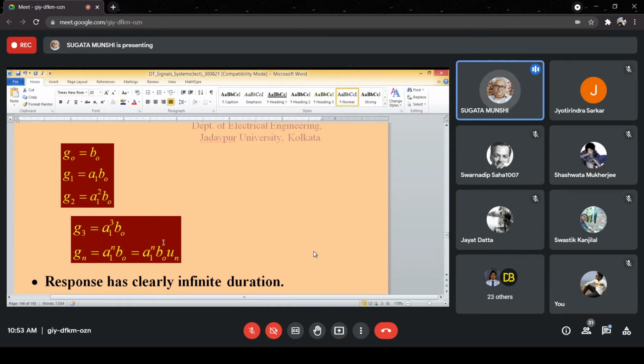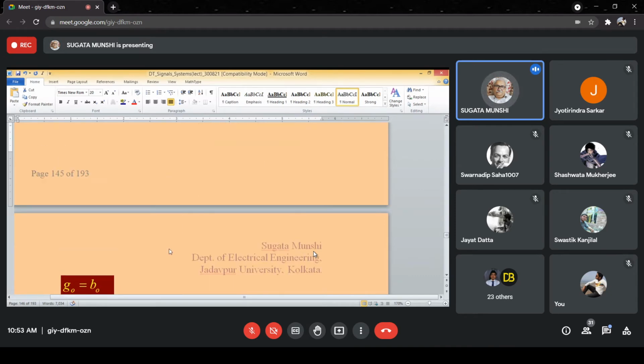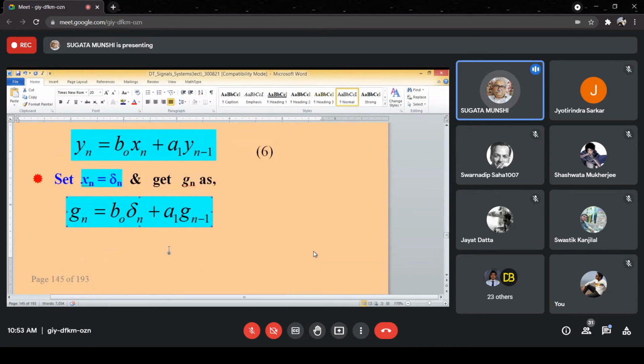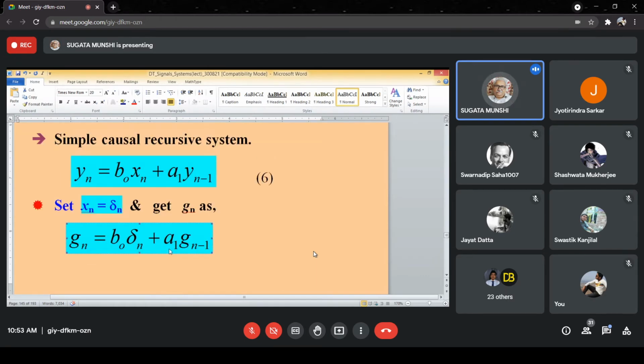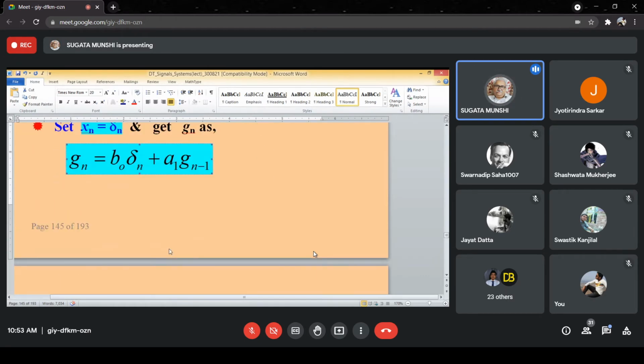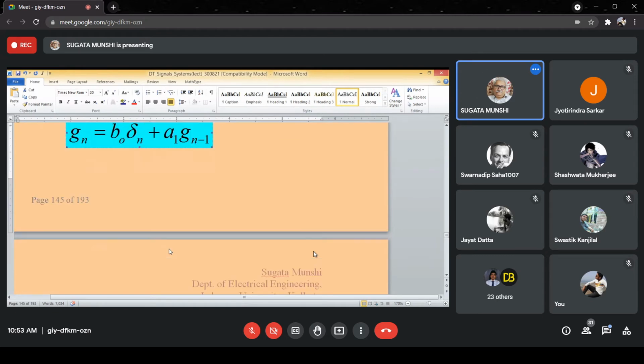So what do you think about this sequence, A1 to the power n B0? Its duration is infinite. All right. So write down this part, then I'll sketch. Then I will have a few sketches of those impulse responses. You have written this expression.